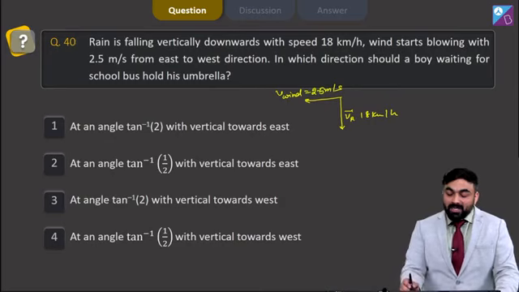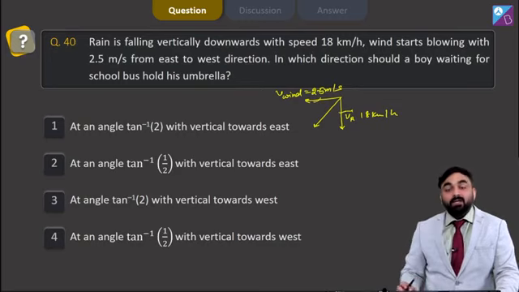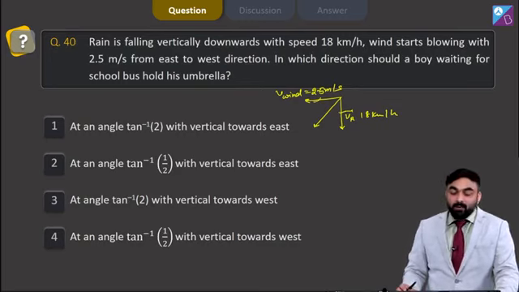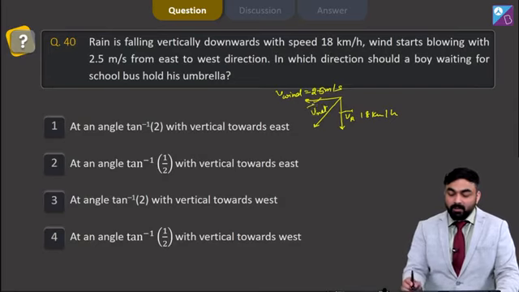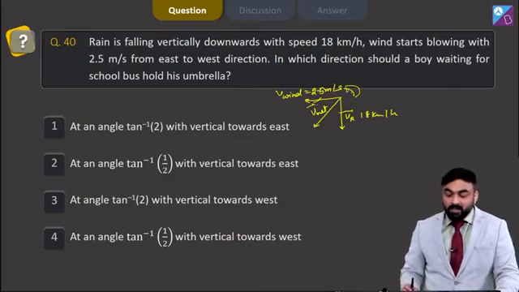So the resultant velocity of the rain is in this direction, as these two vectors represent the adjacent sides of a parallelogram. Therefore the resultant vector will be given by the diagonal of the parallelogram. So this is V net. So the boy must hold his umbrella in this particular direction to save himself from getting wet by the rain.